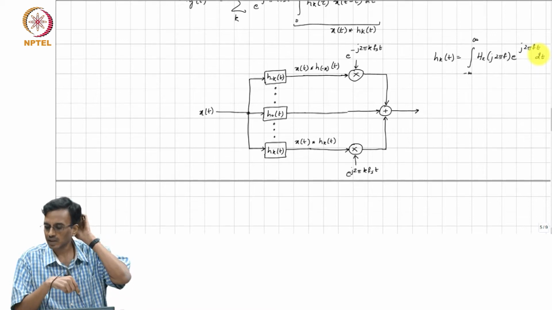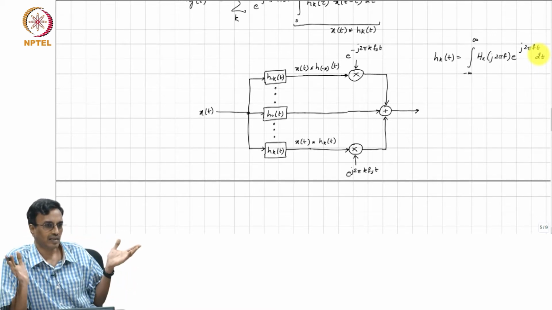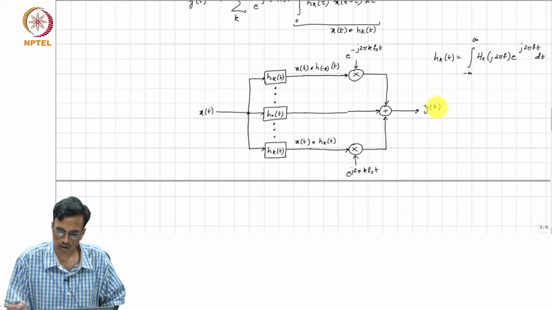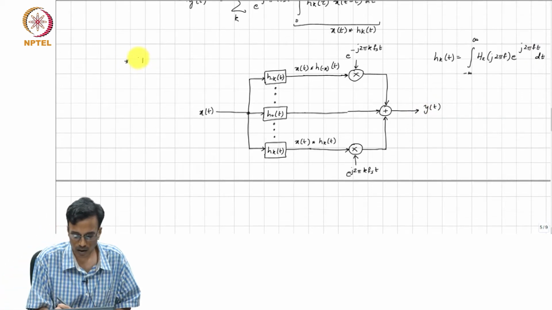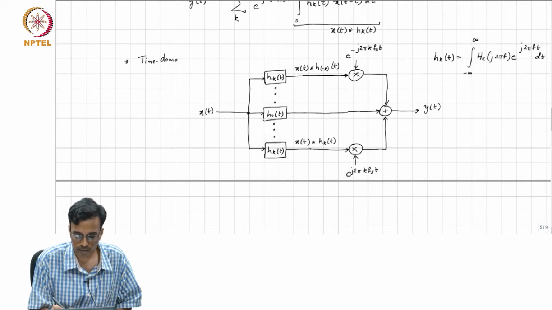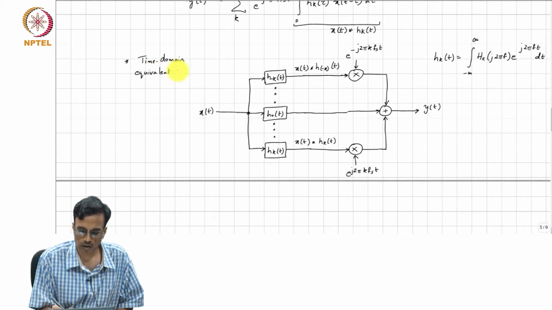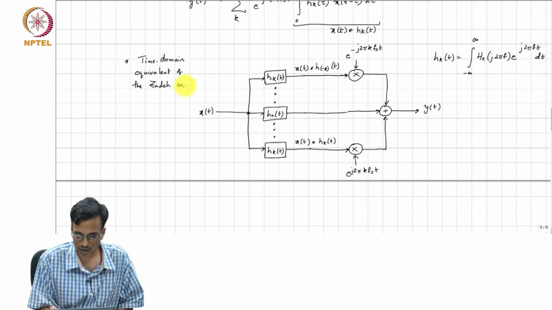This is nothing but the time domain equivalent of the Zadeh expansion. This is y of t, the time domain equivalent of the Zadeh expansion.